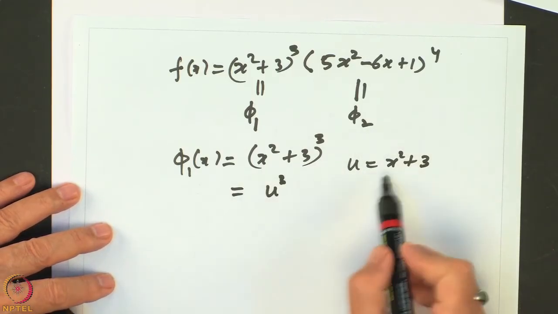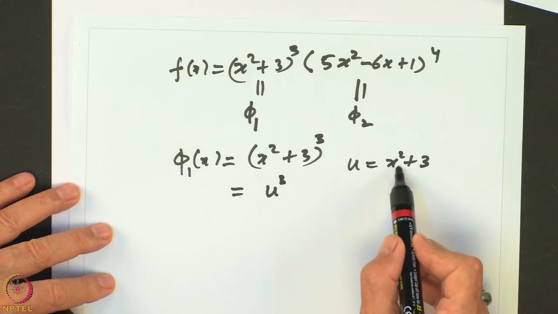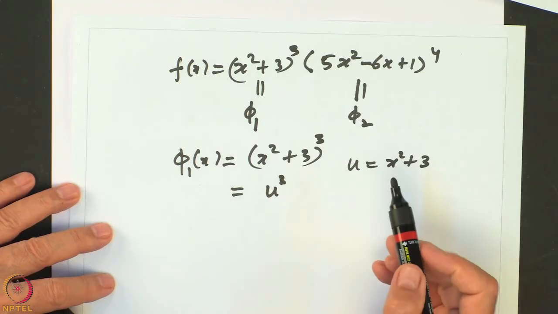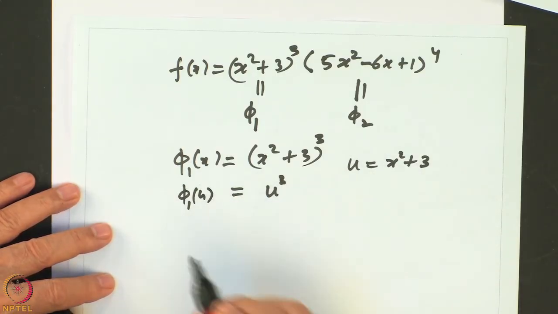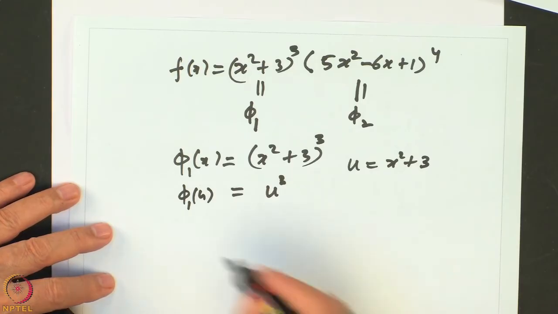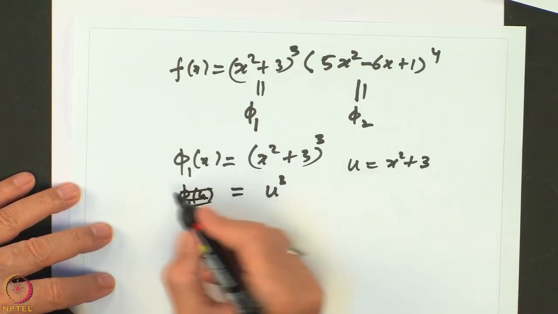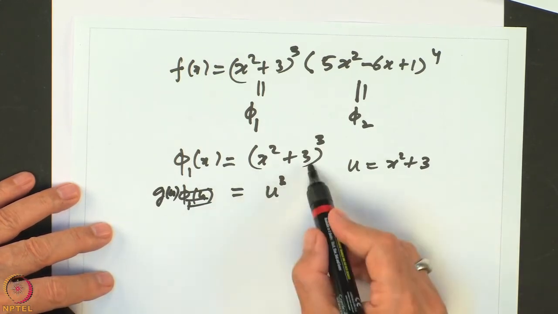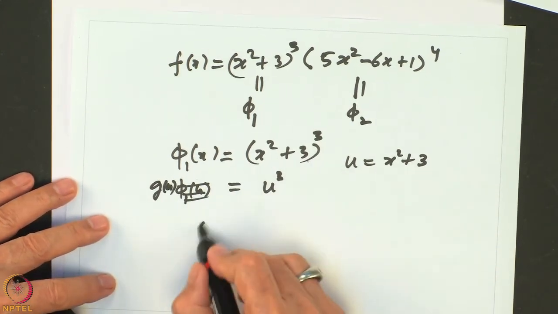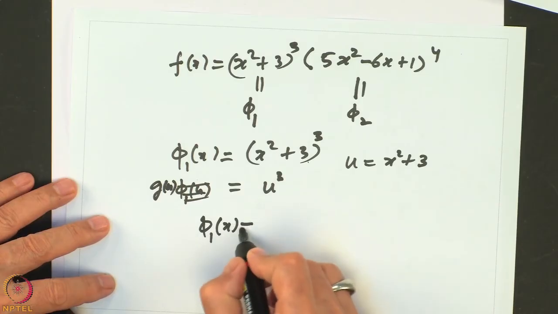You can think of u as a function of x, and then phi as a function of u. So, you can write phi 1 of u equal to u cube, or you can write g of u equal to u cube. So, this is a composite function.